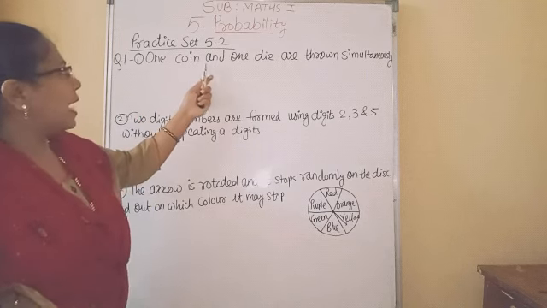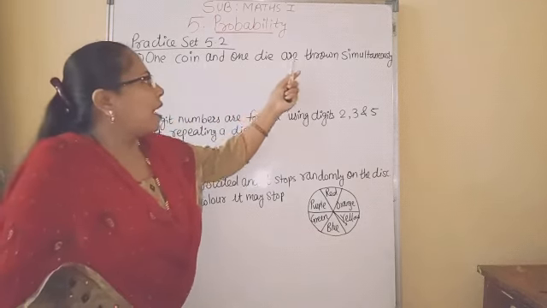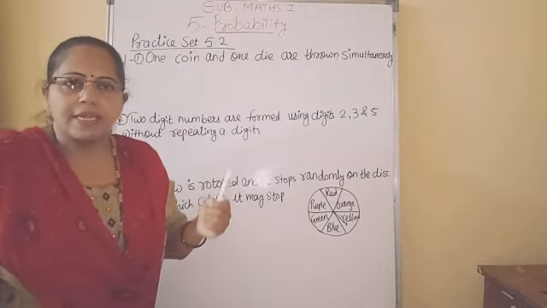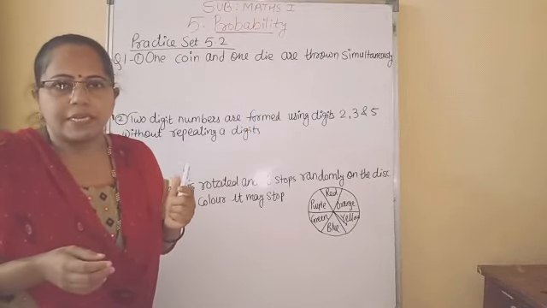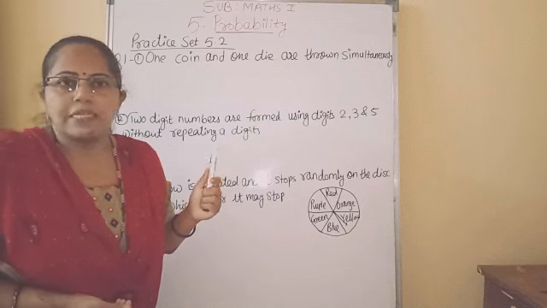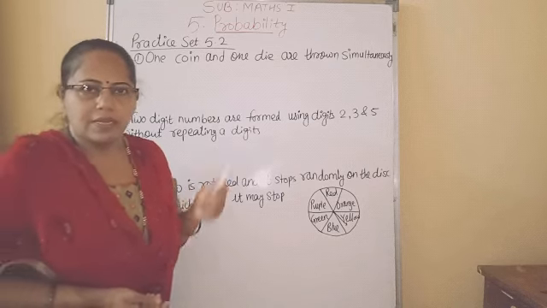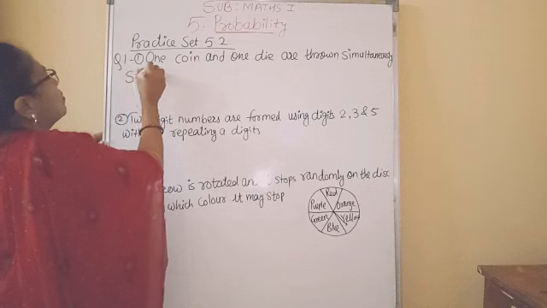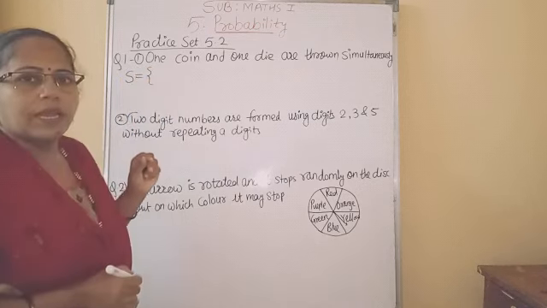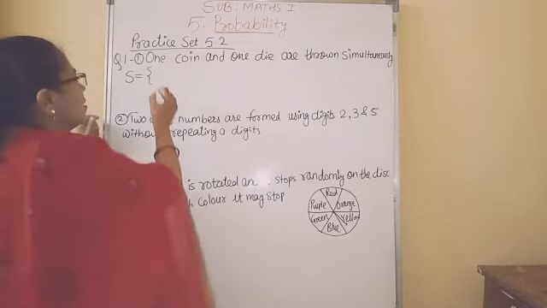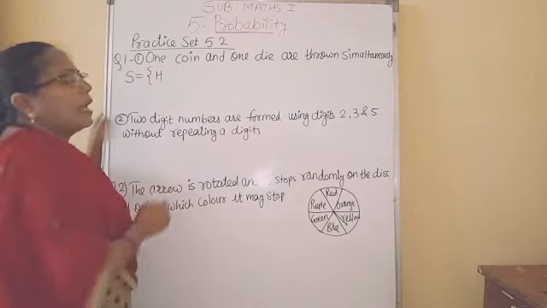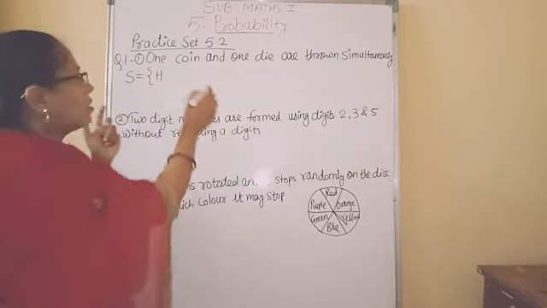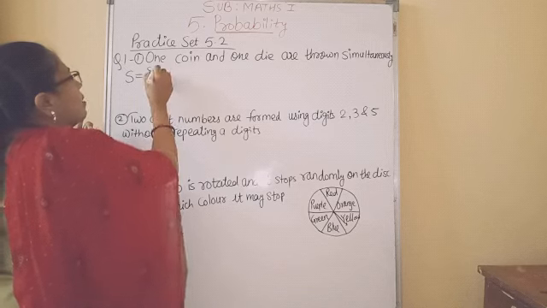One coin and one die are thrown simultaneously. So what will be the sample space? Let us write S is equal to. Now suppose on the coin you will get head, and at that time on the die you will get 1.